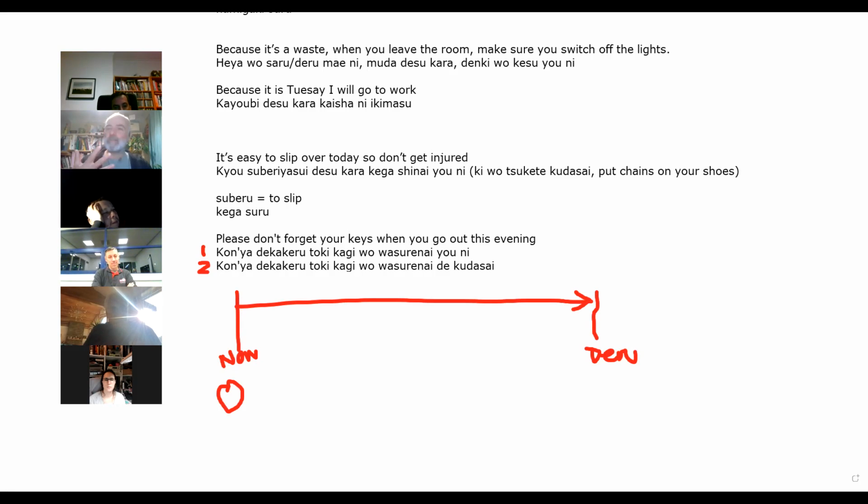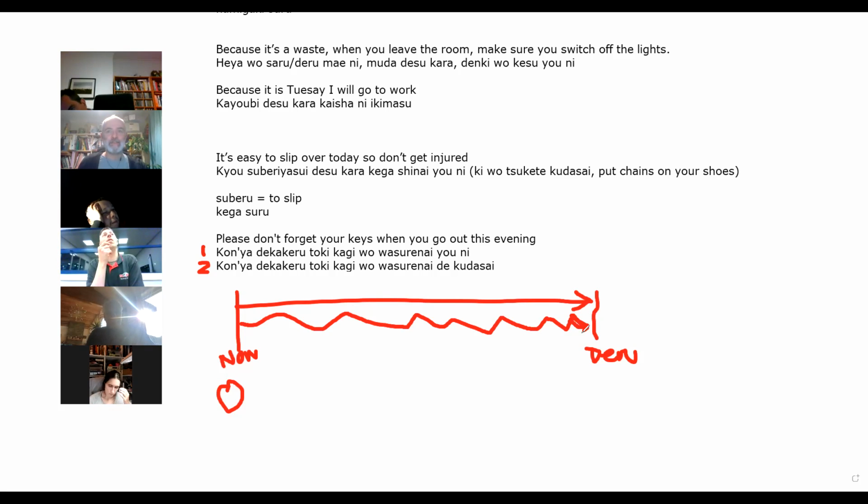It means now, wasurenai de kudasai, like saying don't forget your keys now. But it's not until you need to leave later on that you actually mustn't forget your keys. Yoni means from now all the way, be someone who doesn't forget their keys. Be this not-forgetting person from here all the way to the point where you absolutely must not forget your keys. So this is the subtle difference between yoni and kudasai.